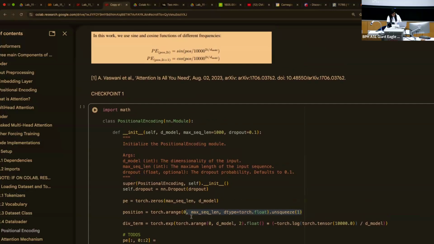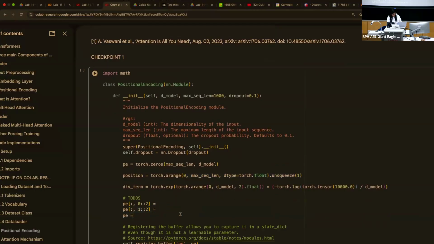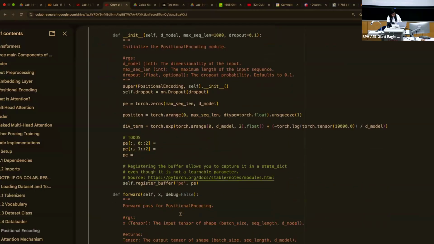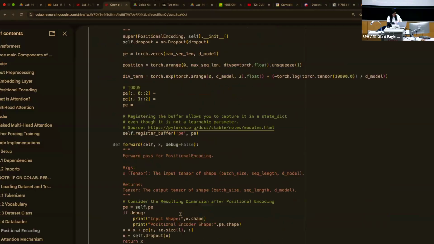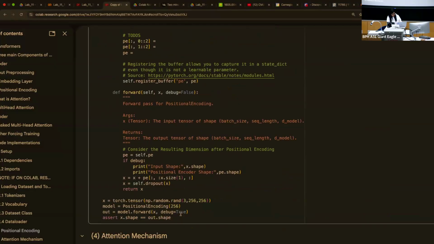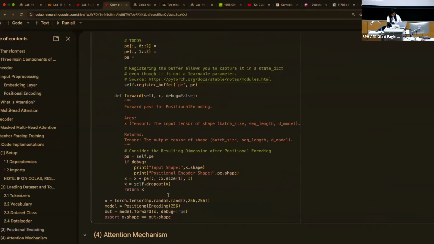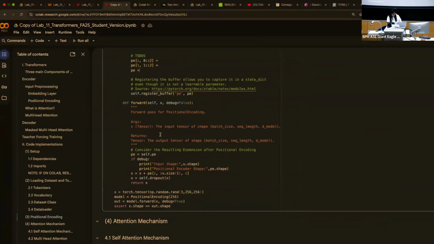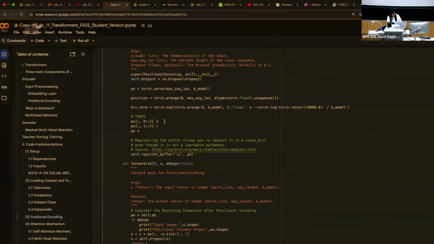This is already given to you, so it should be pretty simple. I'll give you guys maybe 2 minutes to figure this out, and then we can move on. We already have the forward pass for positional encoding written here. You guys can start coding and let me know if there's any doubt on this.